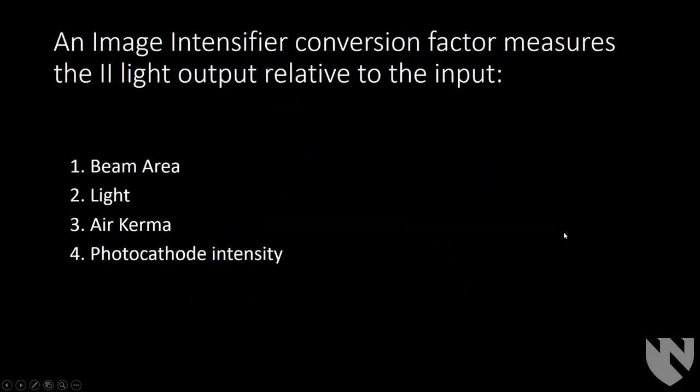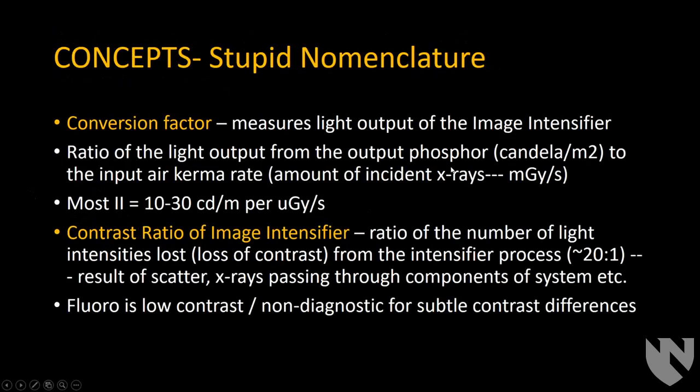So the image intensifier conversion factor measures the light output relative to the input. I'll let you pause and think about it. Okay, it's the air kerma. In other words, stupid nomenclature. The conversion factor is the measure of the light output of the image intensifier from the air kerma rate.